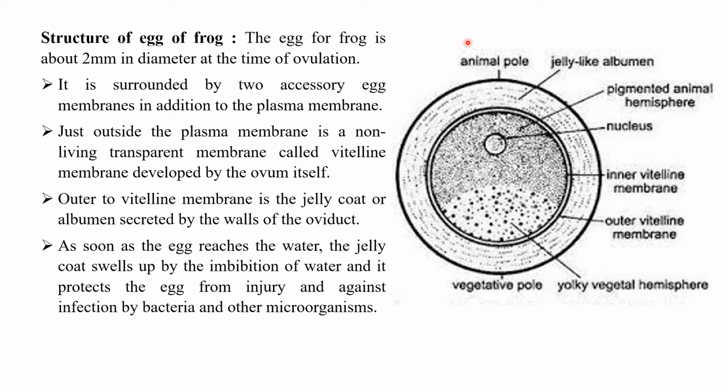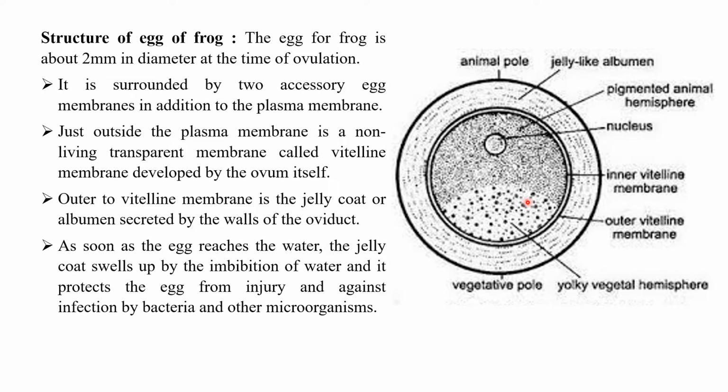It is surrounded by two accessory egg membranes in addition to the plasma membrane. Just outside the plasma membrane is a non-living transparent membrane called vitelline membrane developed by the ovum itself.